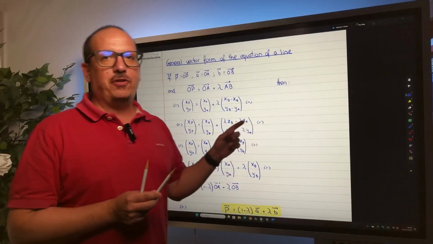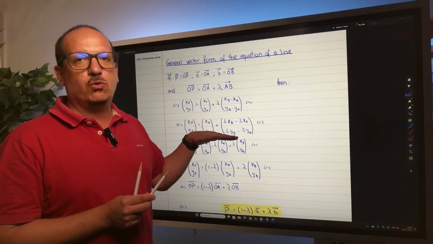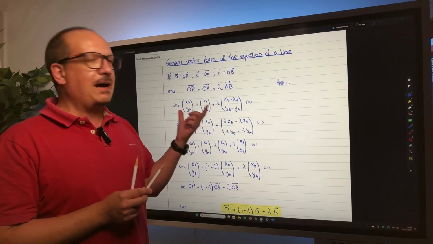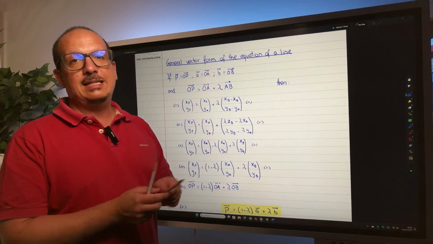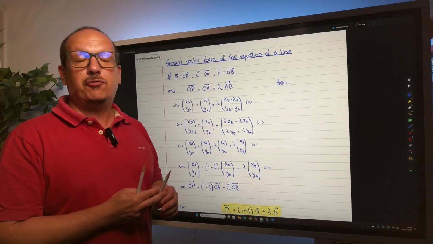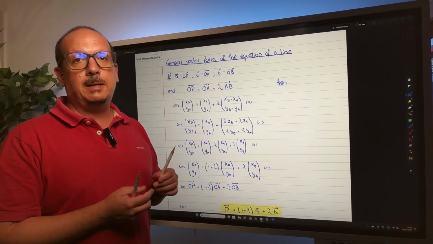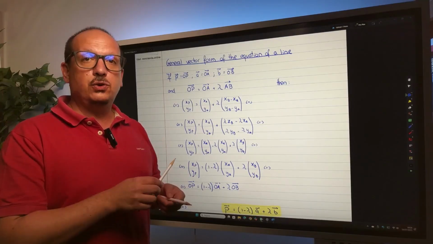So plug in the values that you just found of lambda 1 and lambda 2 in the third equation. And if you have the same number on both sides, then the lines are concurrent. If you have different numbers on both sides, then the lines are skewed.